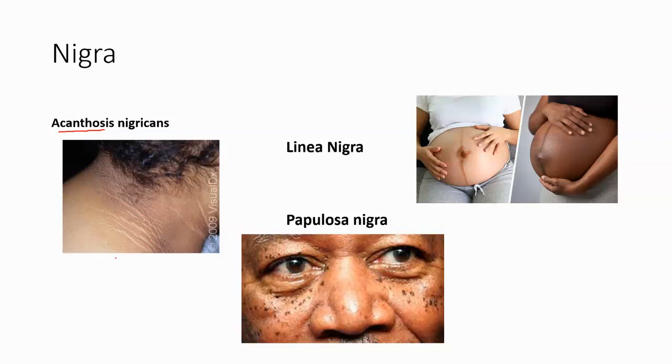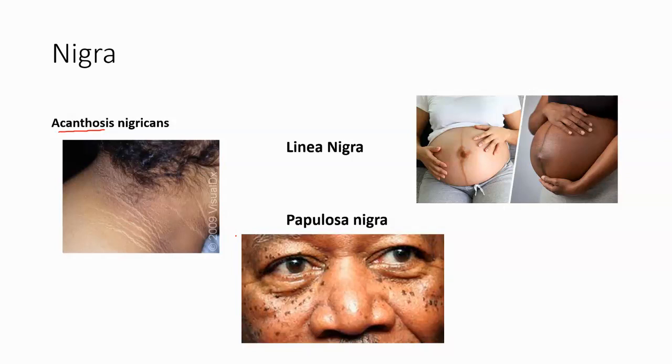So somebody who's overweight, somebody who's obese, somebody who is pre-type 2 diabetic, somebody who's a type 2 diabetic would manifest this type of a skin disorder right here. There's really no treatment for it. It's just a characteristic of insulin resistance.